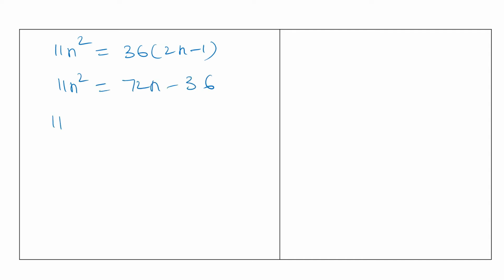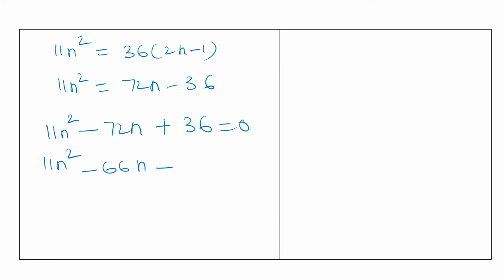So this can be written as 11n square minus 72n plus 36 is equals to 0. Splitting into factors, 11n square minus 72n can be written as 11n square minus 66n minus 6n, plus 36 is equals to 0.